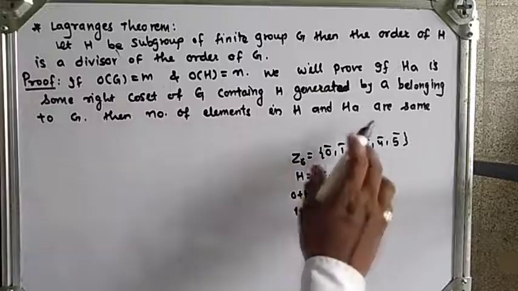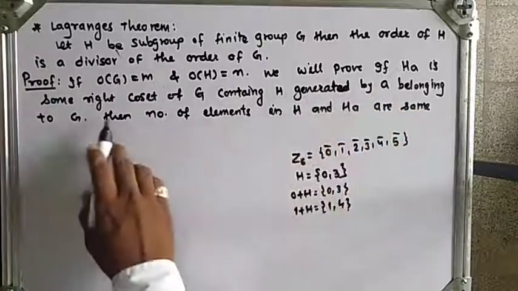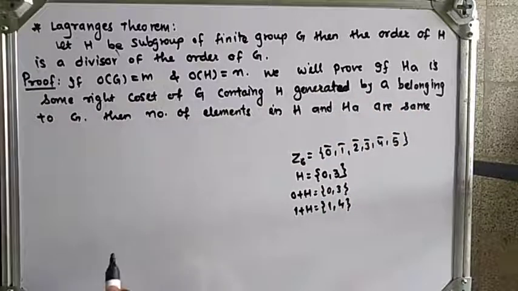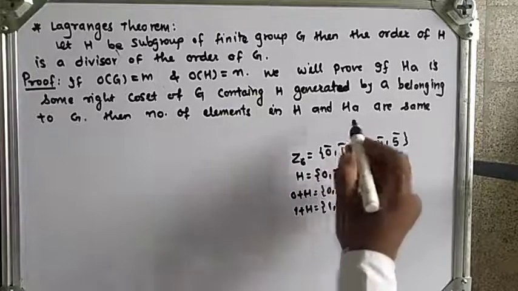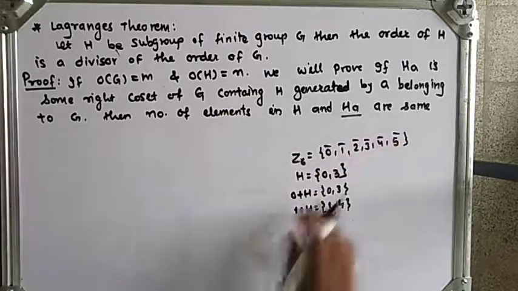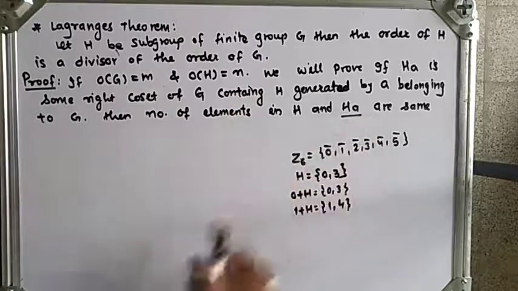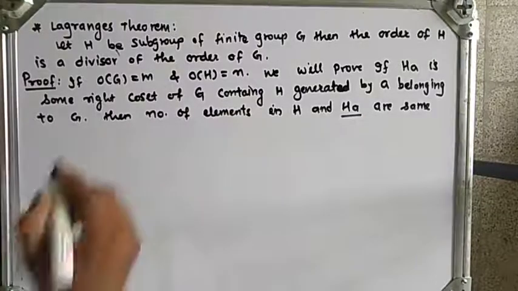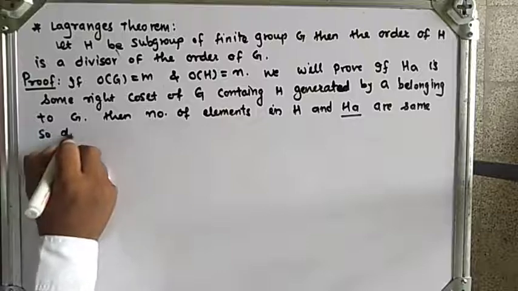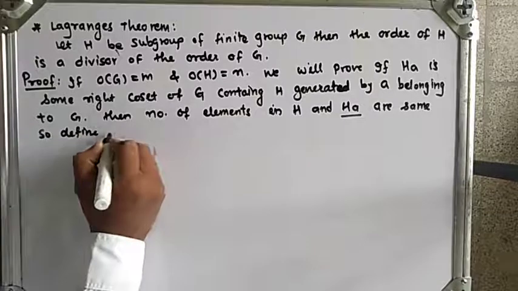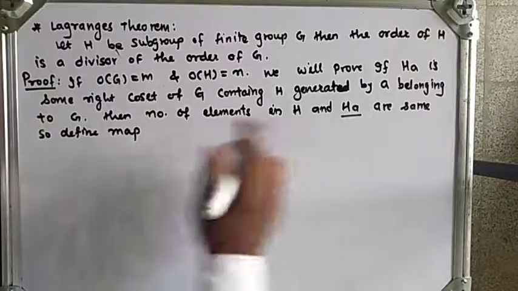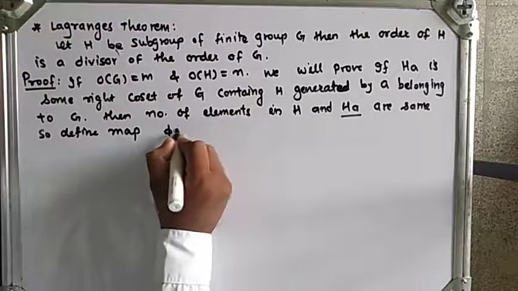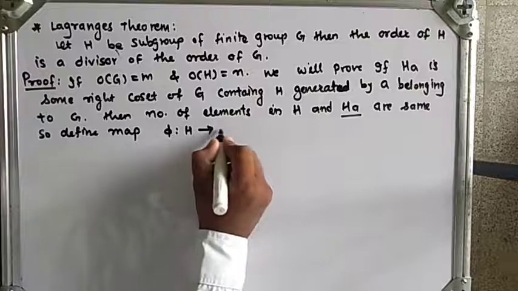So here if Ha is some right coset of G containing a, generated by a belonging to G, then the number of elements in H is the same as the number of elements in Ha. So define a map phi from H to Ha.